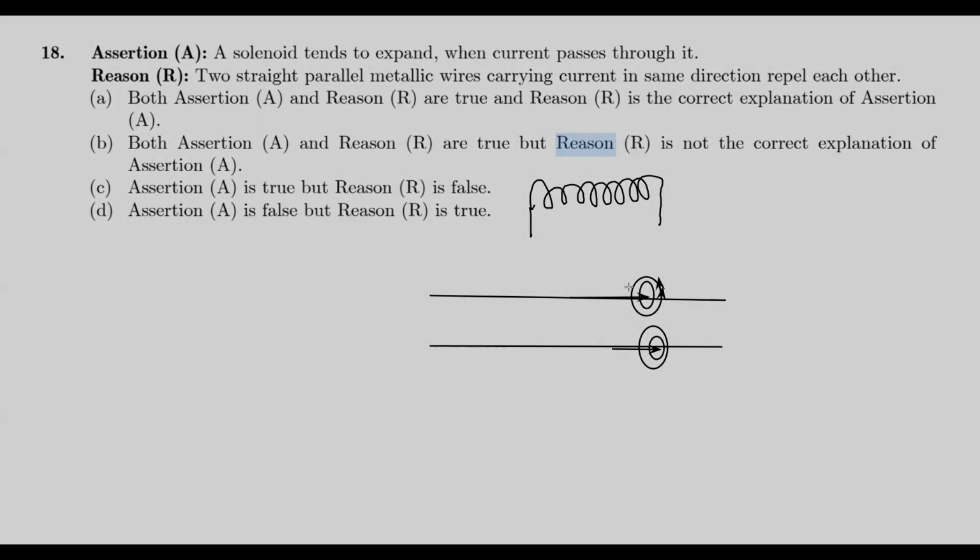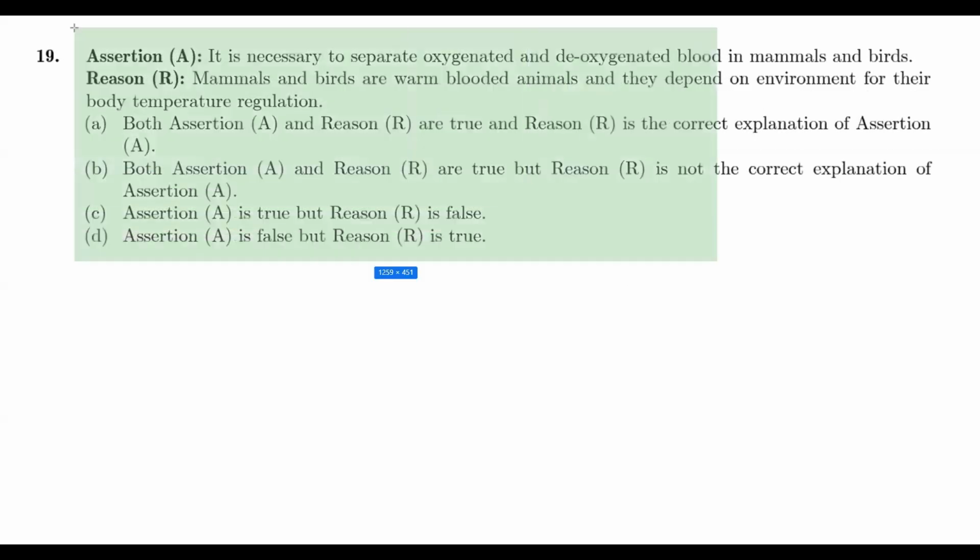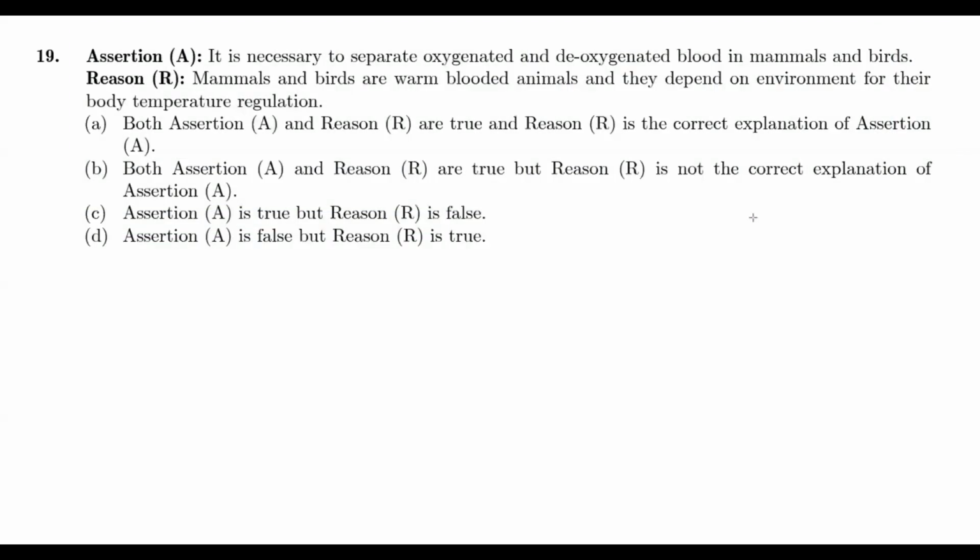That's correct. Next, in question number 18, the assertion says that it is necessary to separate oxygenated and deoxygenated blood in mammals and birds. Yes, it is necessary, as you know, because these organisms, mammals and birds, should have high efficiency. It prevents the deoxygenated and oxygenated blood from intermixing, and therefore the rate of respiration is fast.